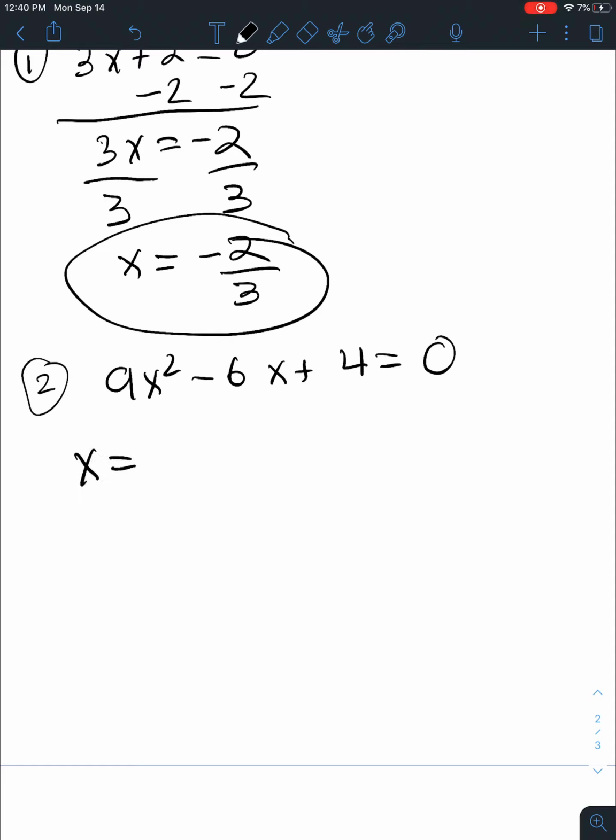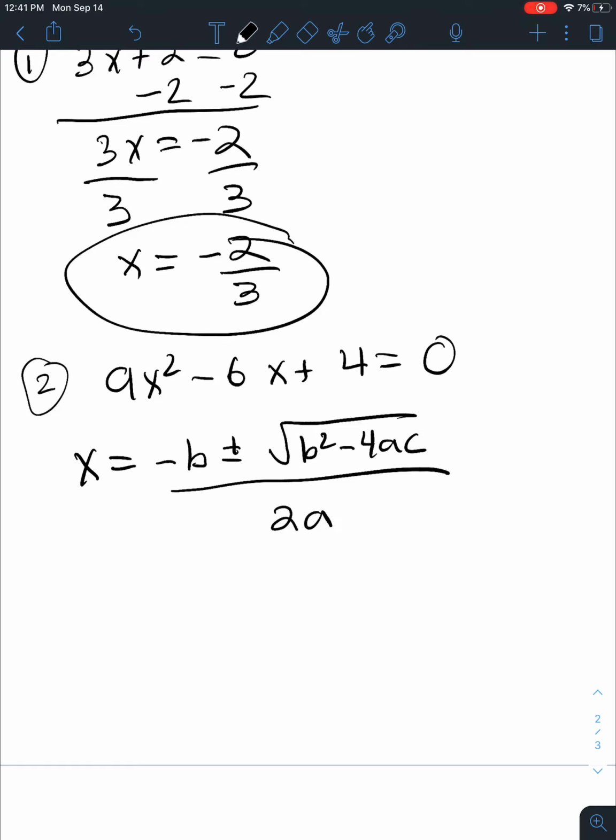So I'm going to write the quadratic formula, which I know we all have memorized. And before we even do the quadratic formula, I'm going to go to the side of my paper and I'm going to label everything that's A, B, or C. So remember that a quadratic is ax squared plus bx plus c.